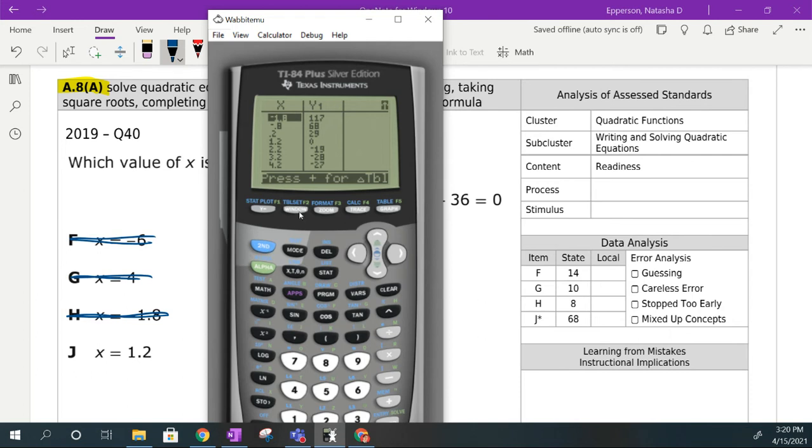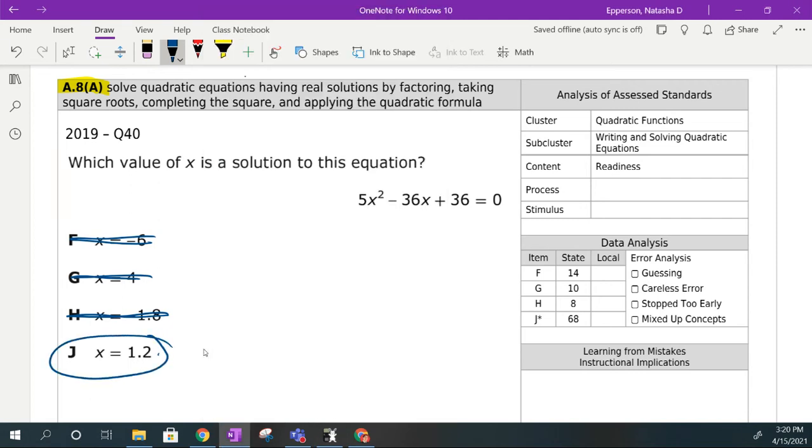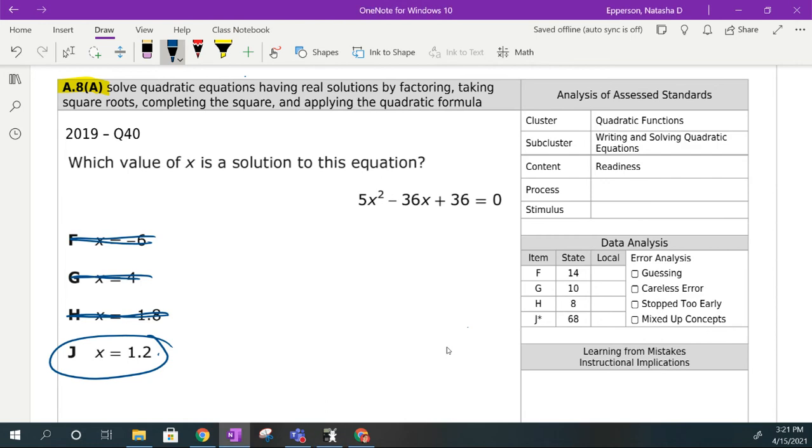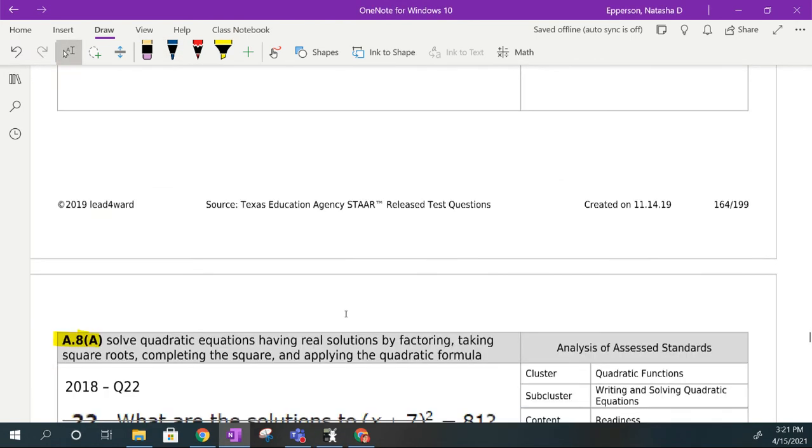That means I'm going to go back to second table. Oh, look right here. If I look here, I can get to 1.2, and that gives me my y value of 0. So J is my answer choice. Once you got to the decimals, you could also have plugged in those decimals for x and solved. But I'm showing you the much faster way to solve this, especially when you're dealing with time on the test.